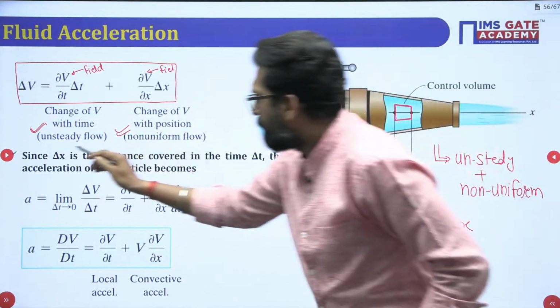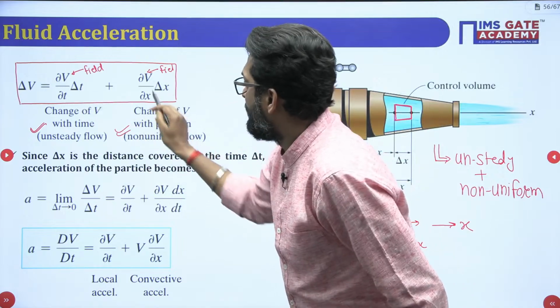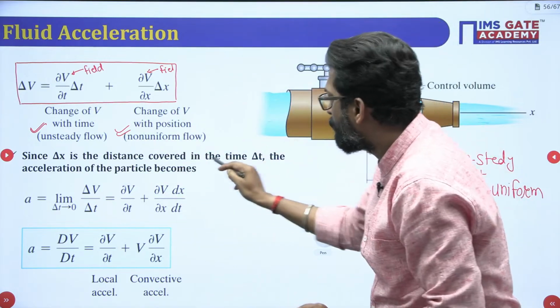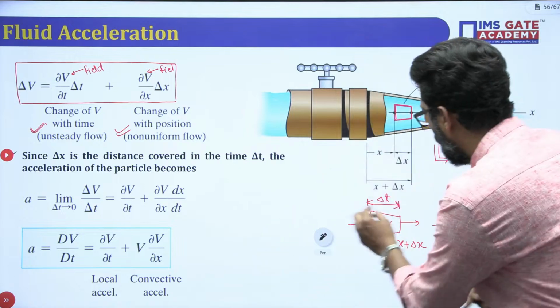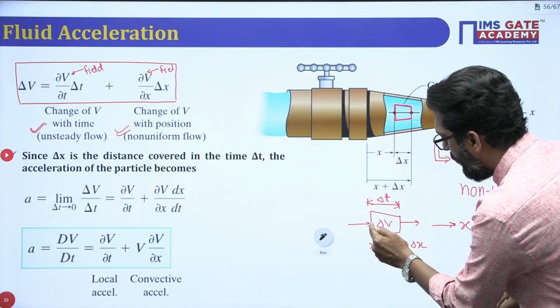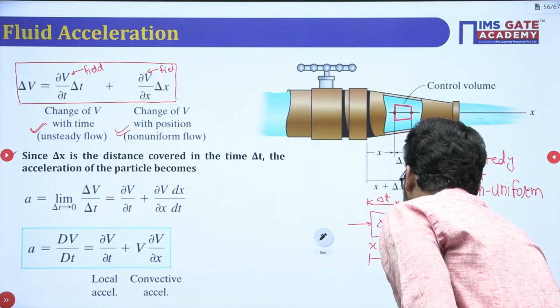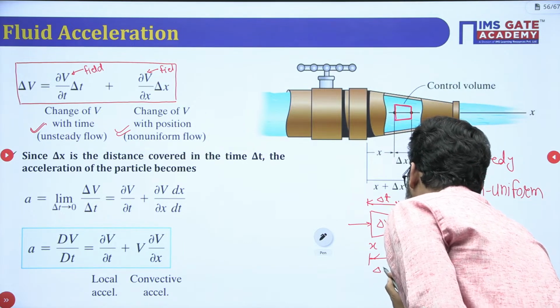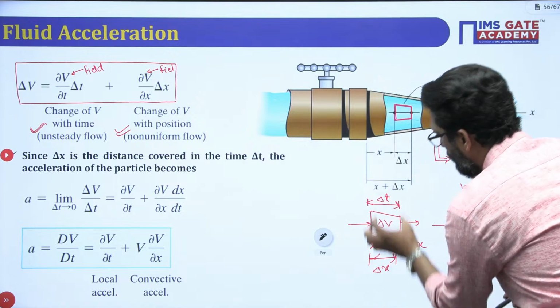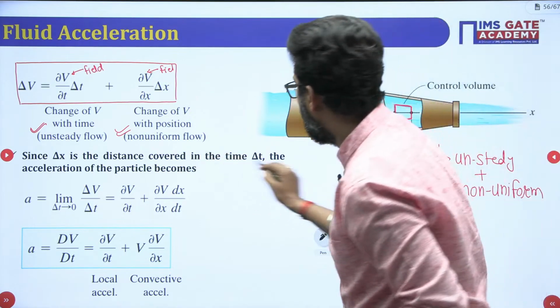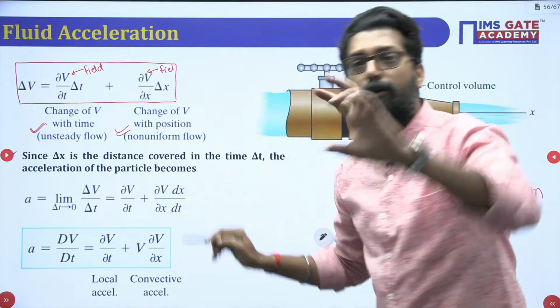Now, this delta x is a distance covered in delta t. The fluid which is trying to enter and exit, how much distance will it cover? It will cover the distance of delta x. Delta x distance will be covered at what time? Delta t. Then the acceleration of the fluid particle becomes, why?